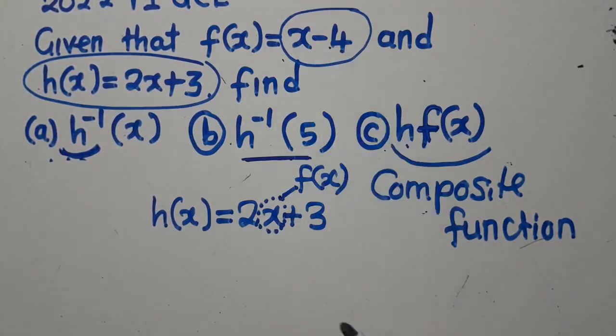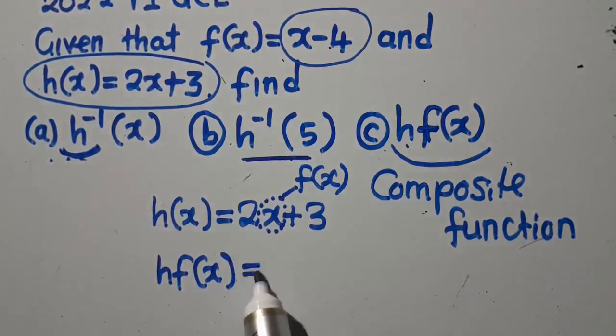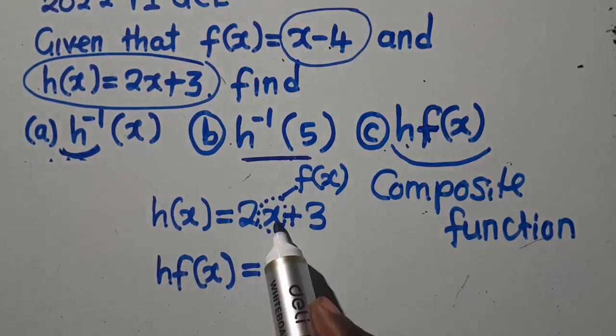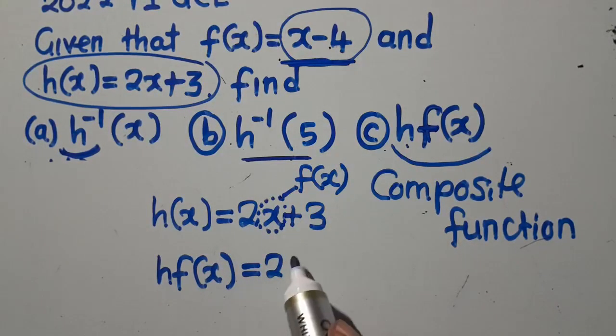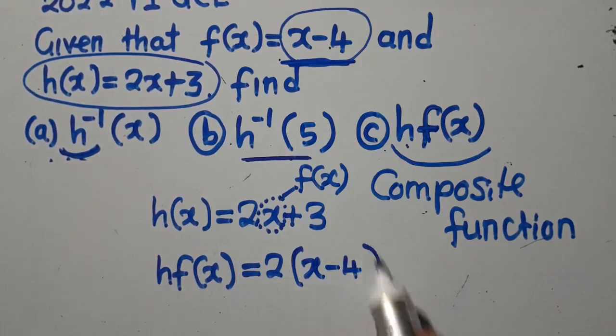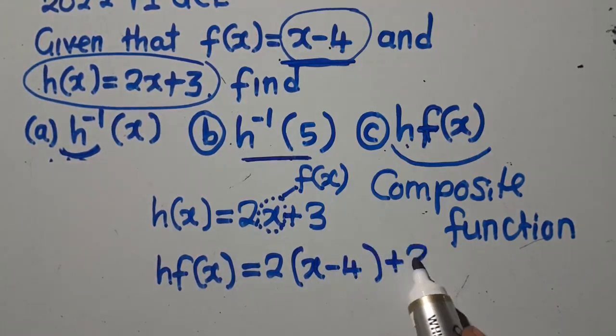So you have h of f of x, you've now combined two functions, which is equal to 2, open bracket, x minus 4, close bracket, plus 3.